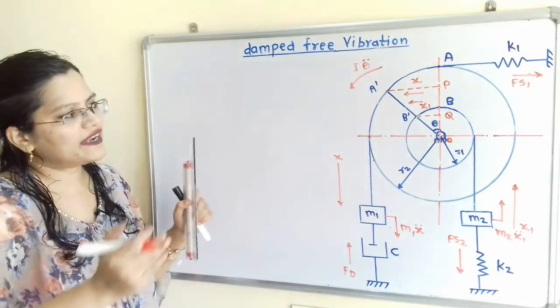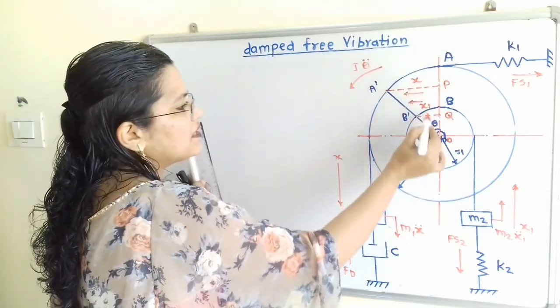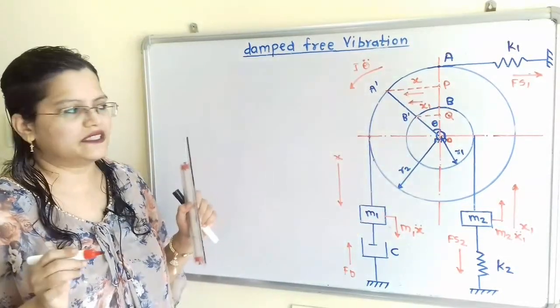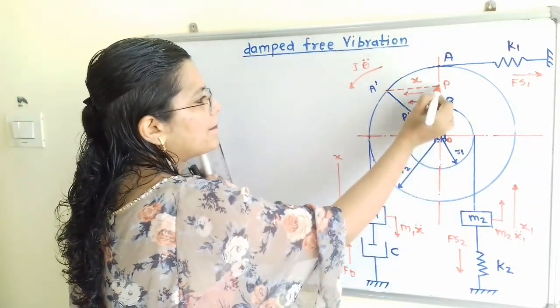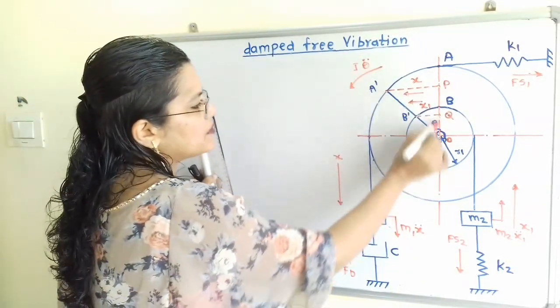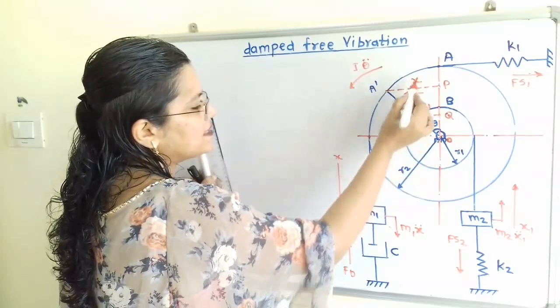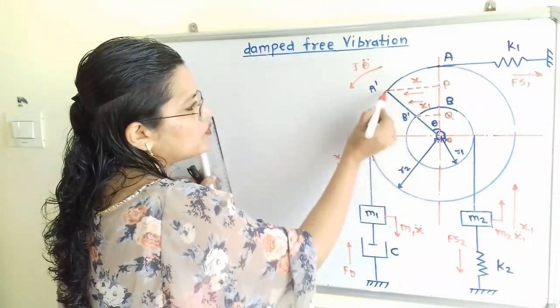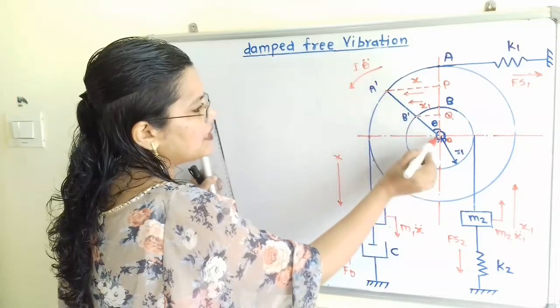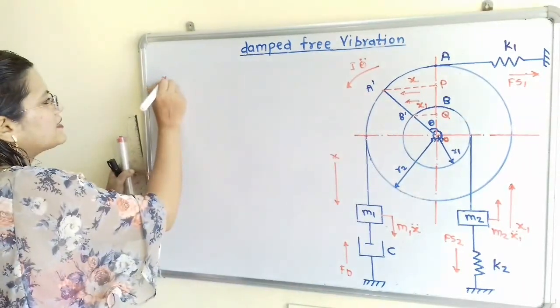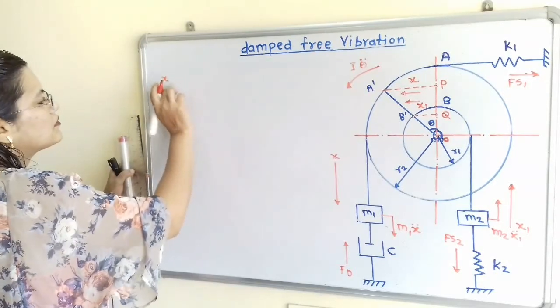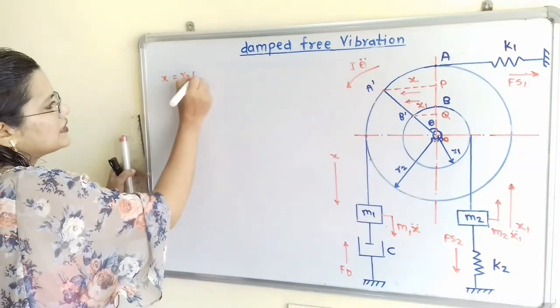Now we will first find out the relation between linear displacement and angular displacement. If we observe the triangle OPA', then from this triangle we can say that x is equal to, this O to A' is R2, that is R2 sin theta, but theta is very small, so we can write here x is equal to R2 theta.